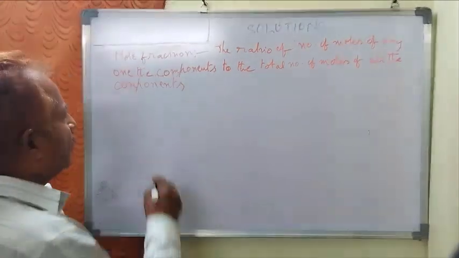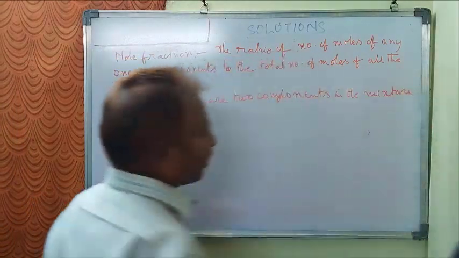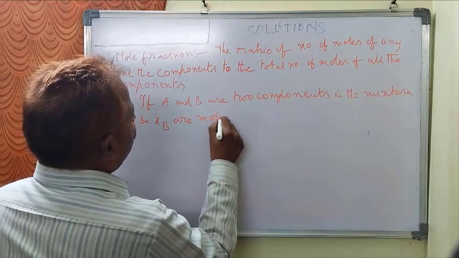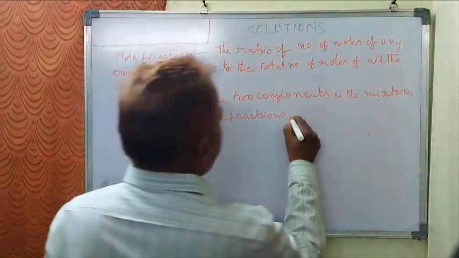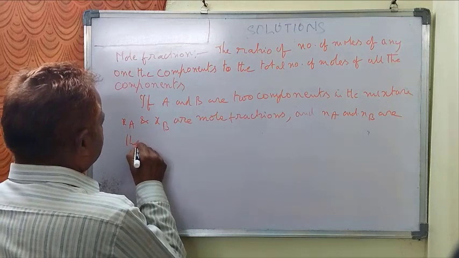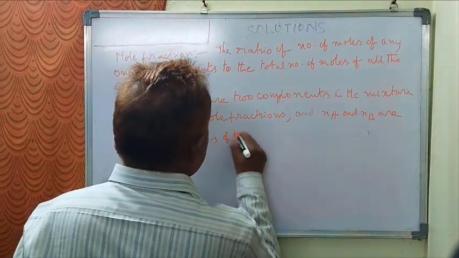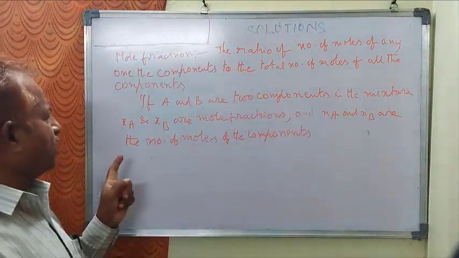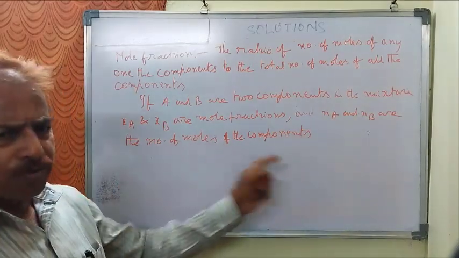Suppose A and B are two components in the mixture, XA and XB are the mole fractions of those two components, and NA and NB are the number of moles of those two components.